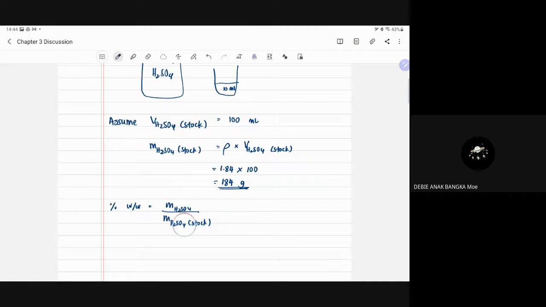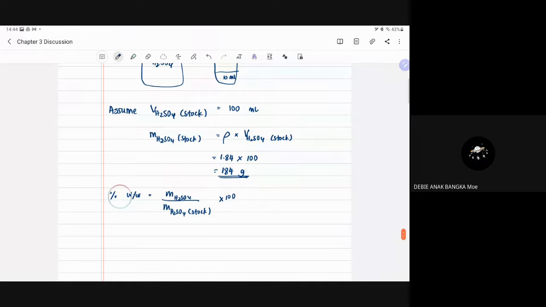Okay. Sebab ini adalah solution. Dia adalah mass of solute bagi mass of solution, darab 100. Okay. Dan dia bagi tahu nilai dia ini adalah sama dengan 95.